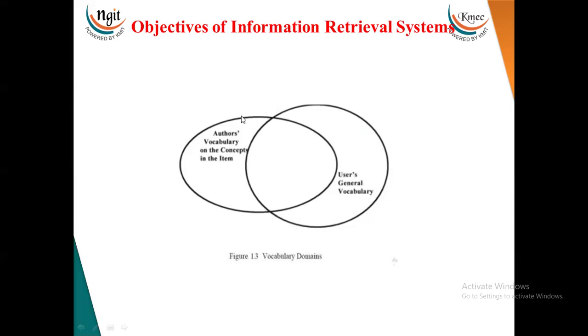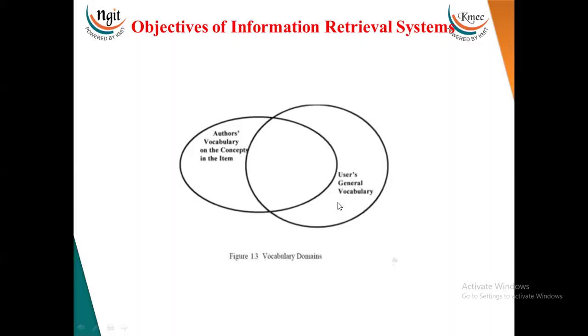The author vocabulary is a subset of the user's general vocabulary. So the information has to be divided into different domains, and this is only the domain for two things: authors and users. This is the introduction and objective of the IRS. We will discuss other topics in the next sessions. Thank you.